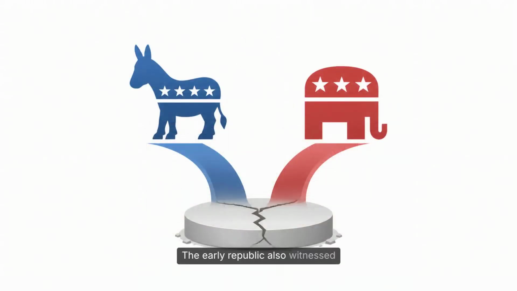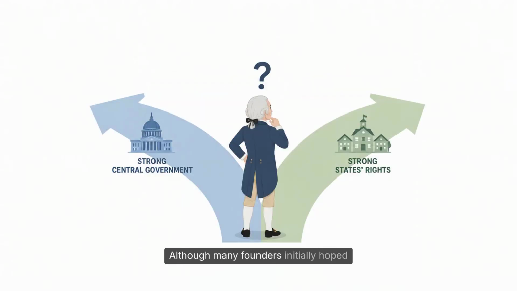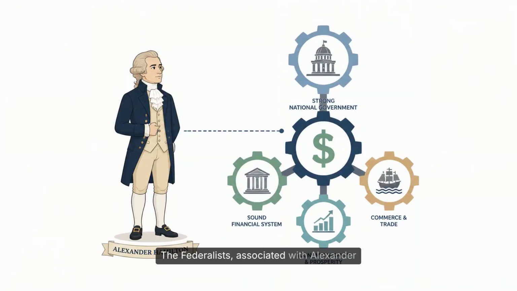The early republic also witnessed the development of political parties. Although many founders initially hoped to avoid organized political factions, differing visions of government soon emerged. The Federalists, associated with Alexander Hamilton, supported a strong national government, commercial development, and close cooperation between public institutions and economic interests.